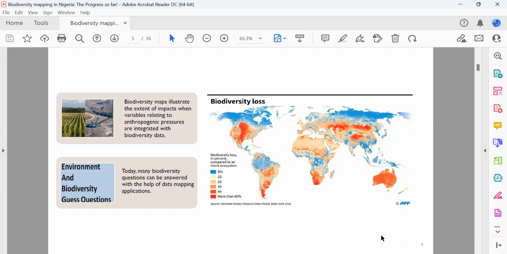Environment and biodiversity questions, we can answer some of the interesting questions about some of these anthropogenic pressures on biodiversity or environmental impact of biodiversity.